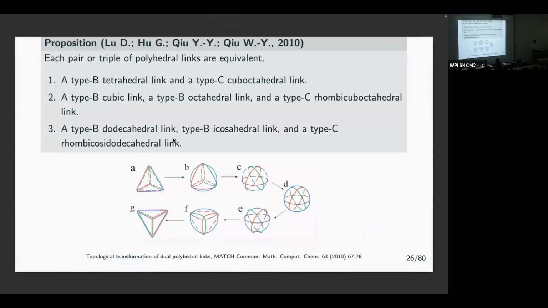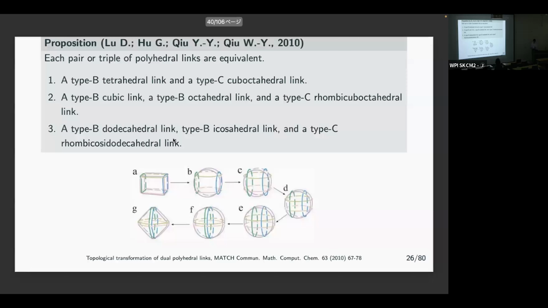And sometimes if you prepare different polyhedra, you will have the same topology. So if you prepare a cube and the octahedron, and if you do the type B construction of the polyhedral link, then it turned out that those are the same.